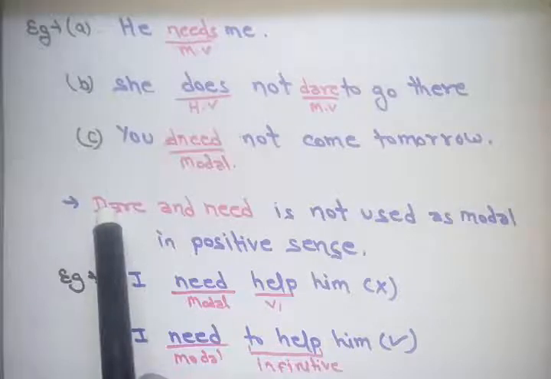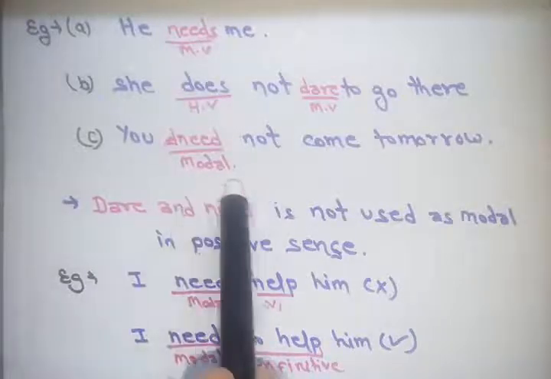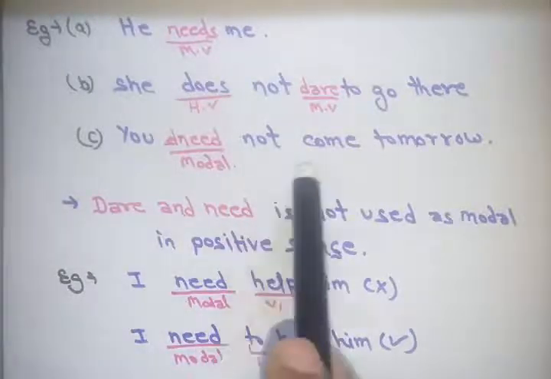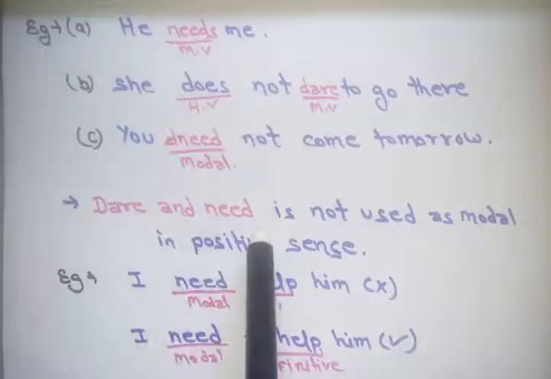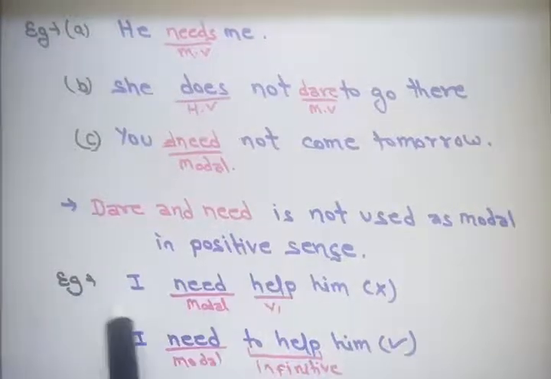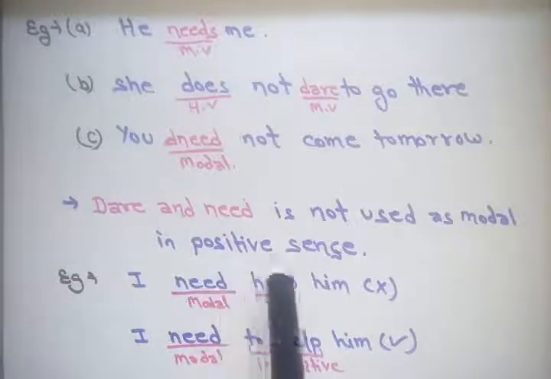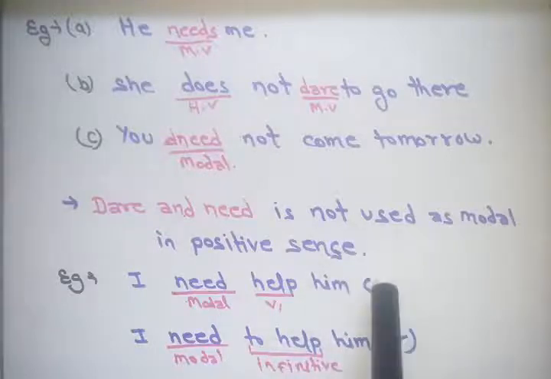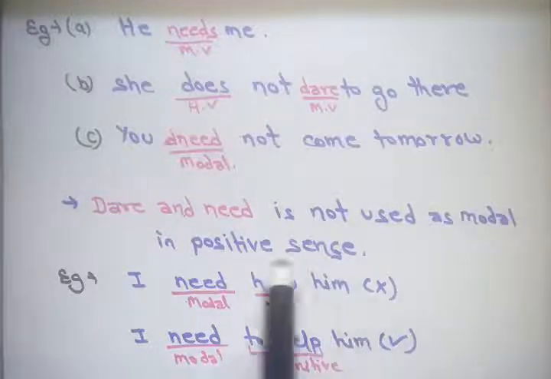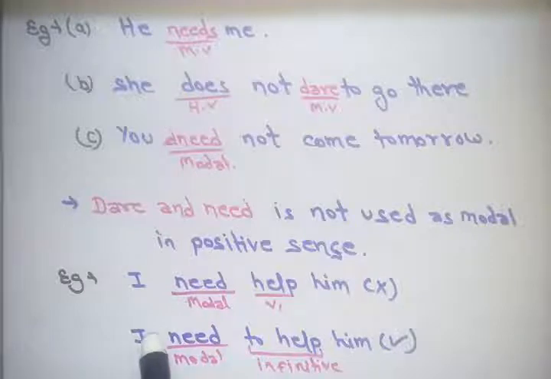And there is a note here: need is not used as a modal in positive sense. For example, I need help him. So it's not correct. Its right format is I need to help him.